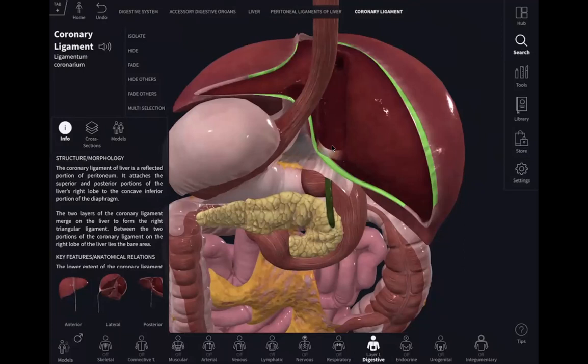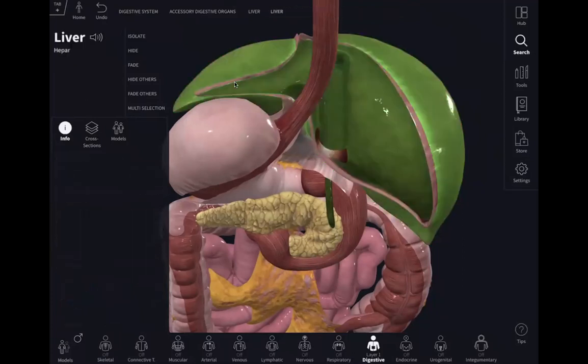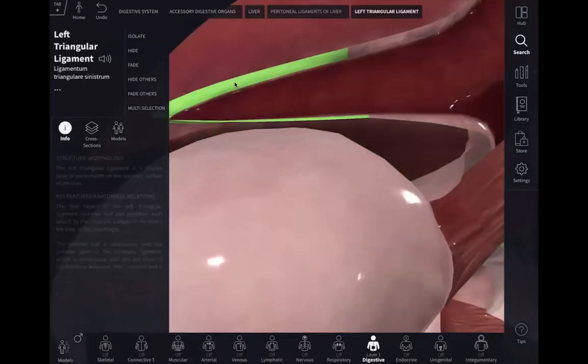On the right and also on the left hand side, you will see there are some continuations of this coronary ligament, and these are triangular in shape. On the right hand side and also on the left hand side, you can see there are some triangle shaped ligaments, which are known as the triangular ligaments.